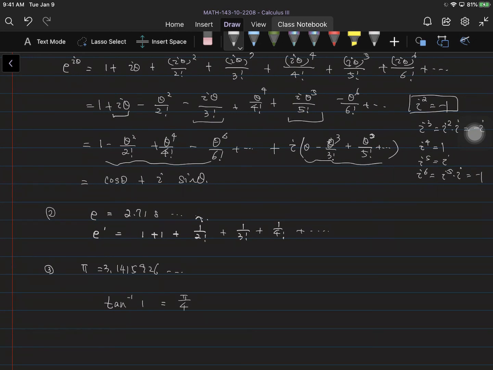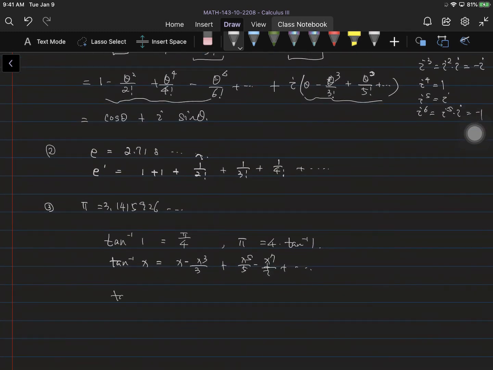So we know pi equals 4 times tangent inverse of 1. And the Taylor series of tangent inverse is given by x minus x cubed over 3, plus x to the fifth over 5, minus x to the seventh over 7. Okay, just write down several terms. And then for tangent inverse of 1, same thing, we just change all the x into 1: 1/5, 1 over 7, those numbers.